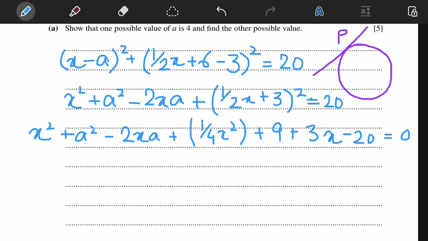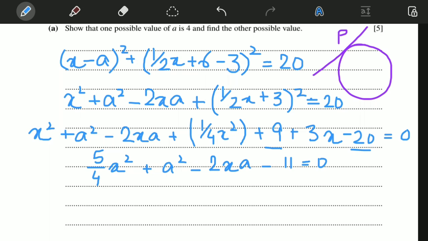Then x square plus 1 by 4 x square would be 5 by 4 x square, and then plus a square minus 2xa and minus 11 equals 0.